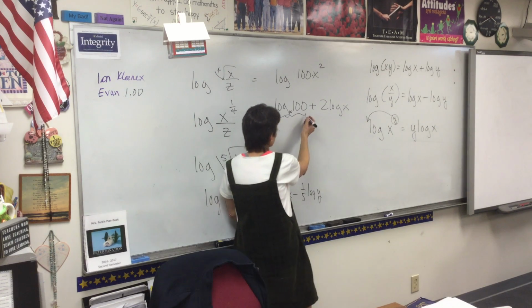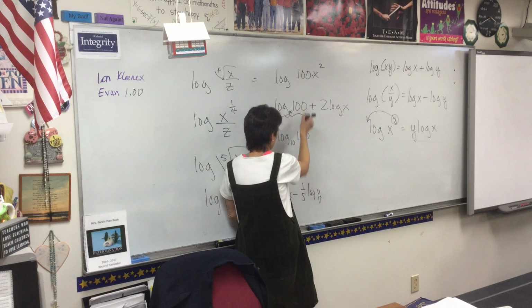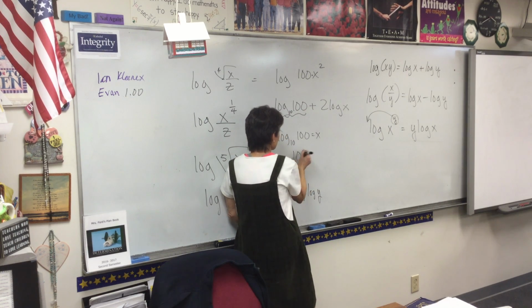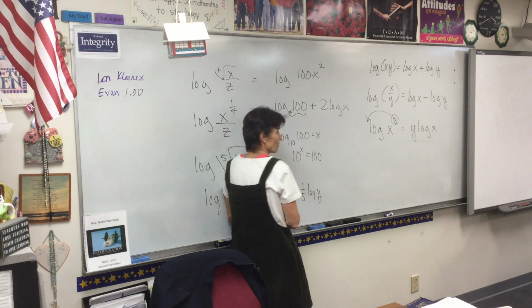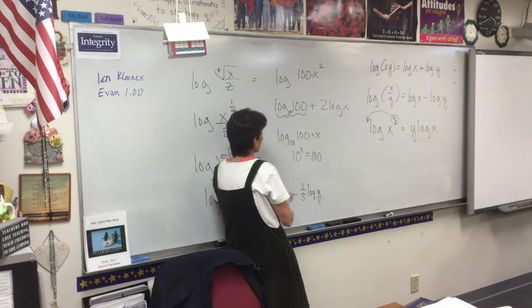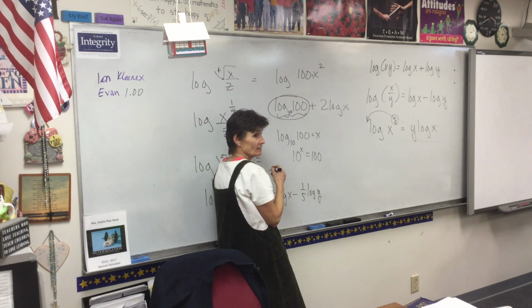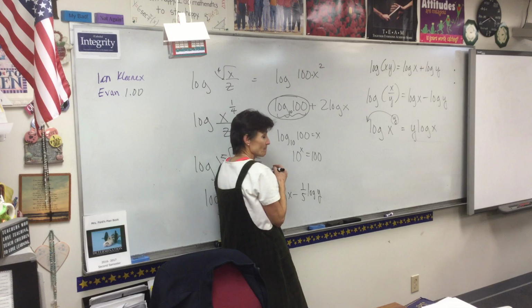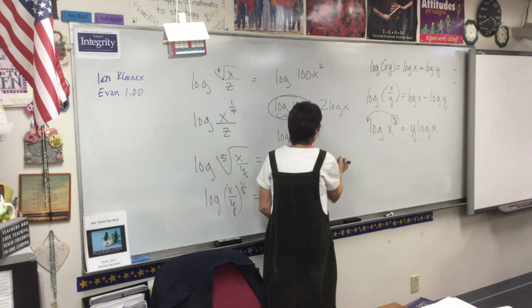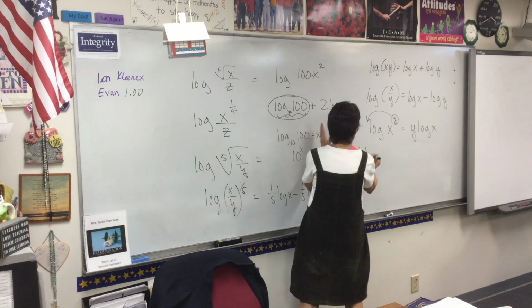If you just look at just this part right here, it's saying 10 to what power would be 100? 10 to the 2nd. So the value of this expression right here is 2. So the answer to the problem is 2 plus 2 log x.